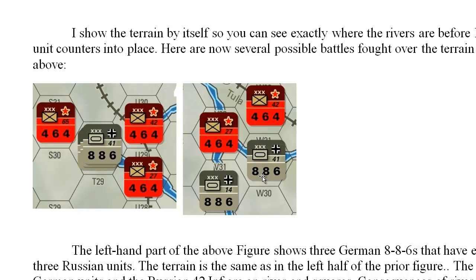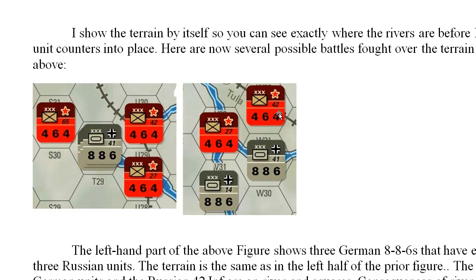If the Germans are attacking, both of these German units in attacking the 27th infantry would be attacking along a river line, so the 27th would not be doubled. If this German was tasked with attacking this Russian, the German is on a river line, the Russian is behind the river line, the odds would be 8 to 12 or 1 to 2.